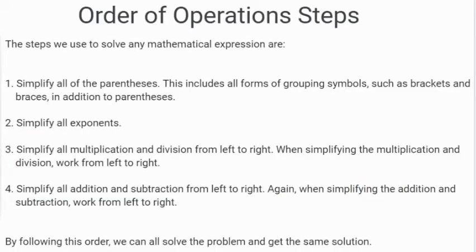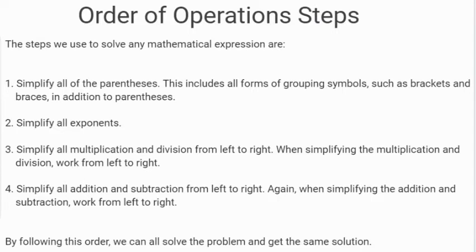So we have the order of operation steps. The steps we use to solve any mathematical expression are: 1. Simplify all of the parentheses, and more accurately, this includes all forms of grouping symbols, because we don't always use parentheses. Sometimes it's nice to use other symbols so it's easier to read, because if you just use parentheses all the time and you have multiple sets of parentheses, it can get confusing to see what you're looking at.